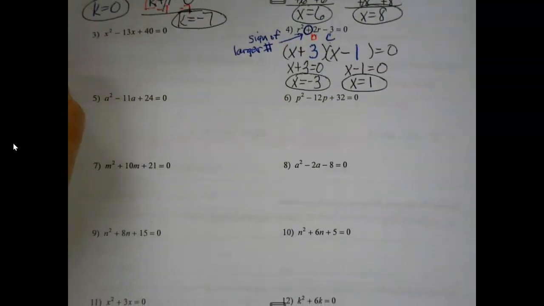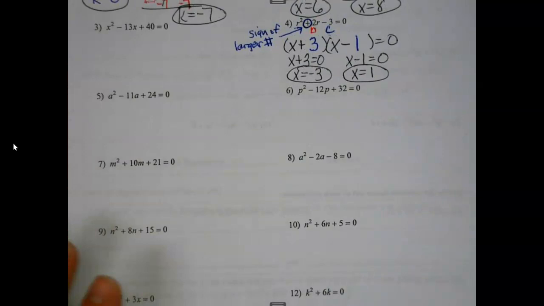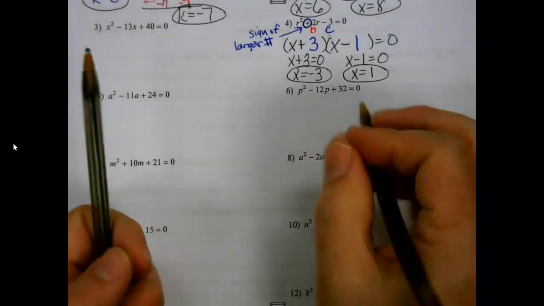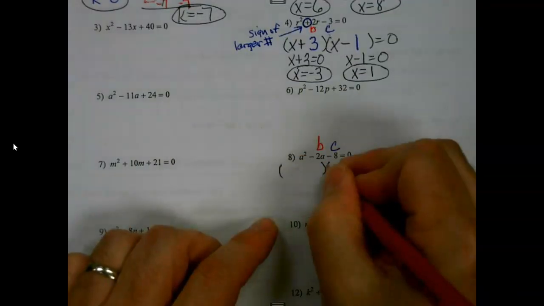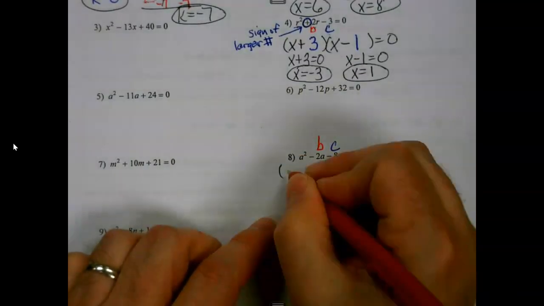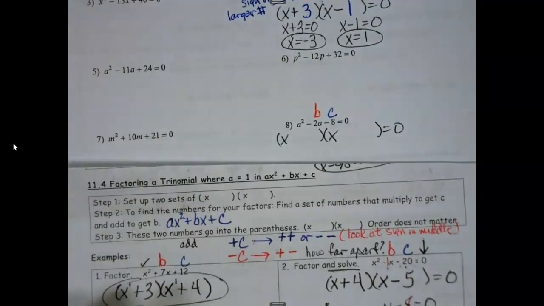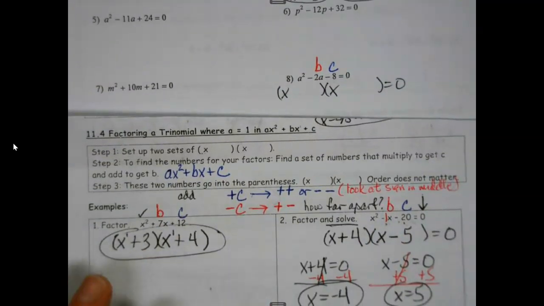I'm going to move down to number 8 because I want to see how this works again. Okay, so we got C. We got B. Parentheses here. I'm still going back to X because that's just what seems to be more consistent for us. And so again, I look.